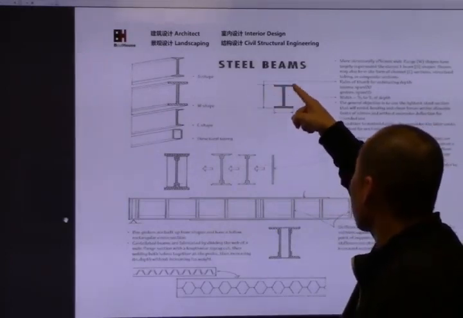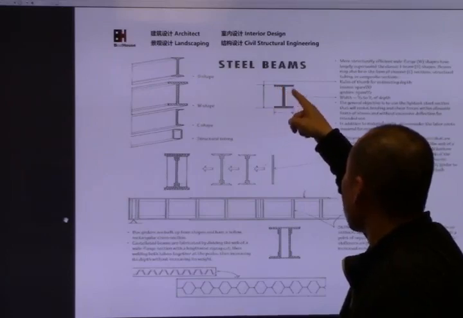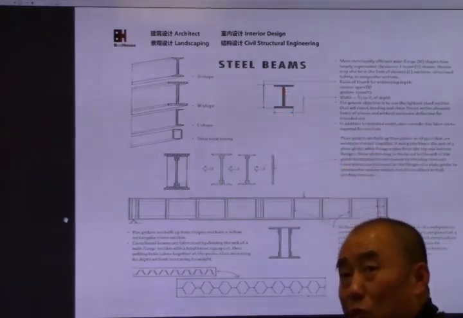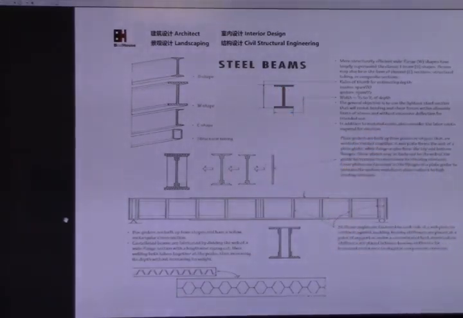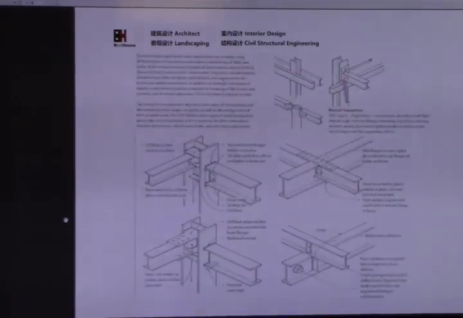For the steel, they just remove the middle portion. That portion doesn't work, so we save the steel. That's how the I-beam originated.